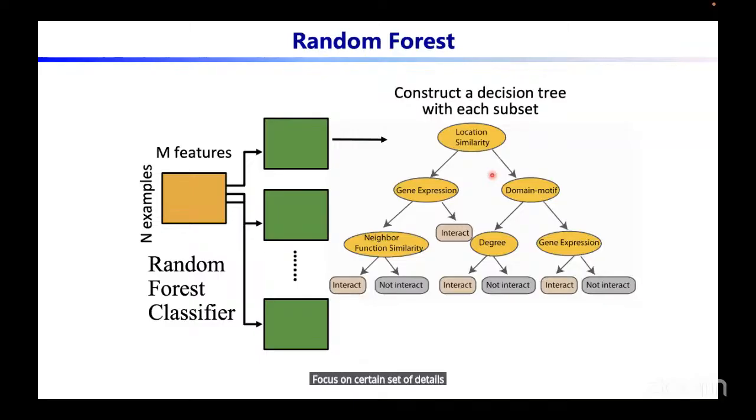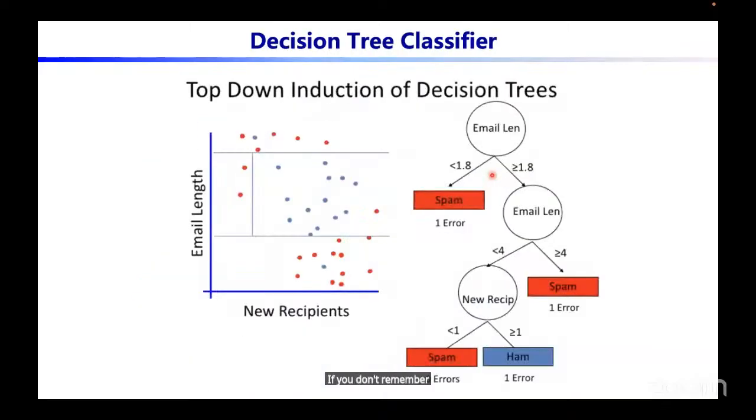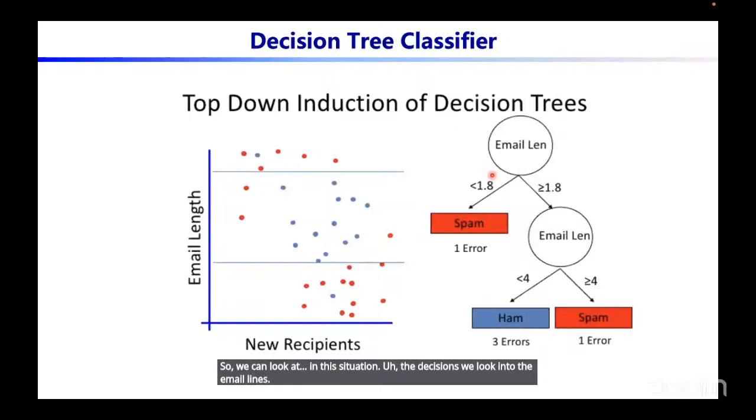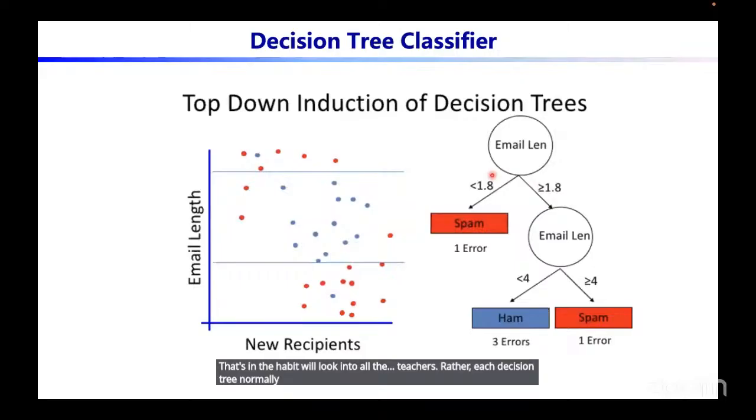If you don't remember the decision tree, we can come back to it. In this situation, the decision tree looks into the email length and new recipients. That means a decision tree doesn't have to look into all the features. Rather, each decision tree normally focuses on a certain subset of features.